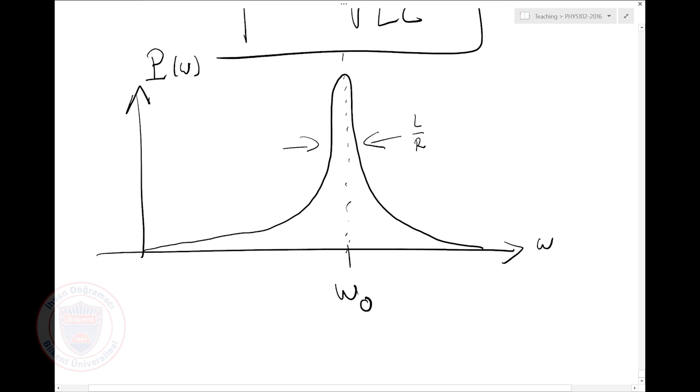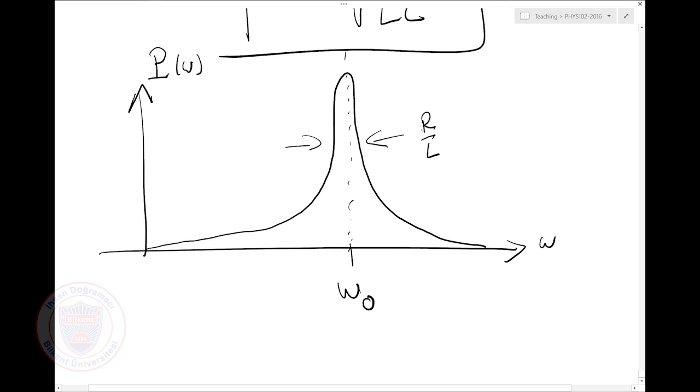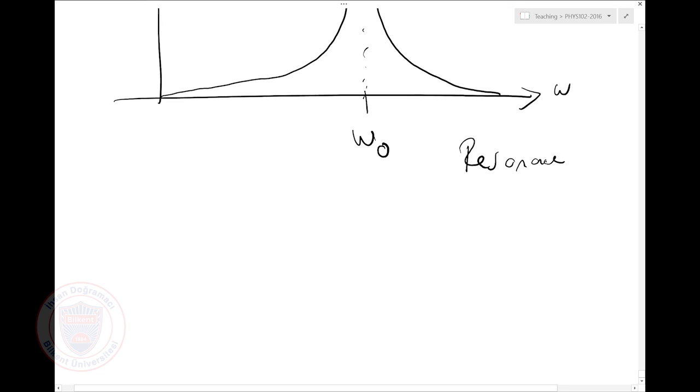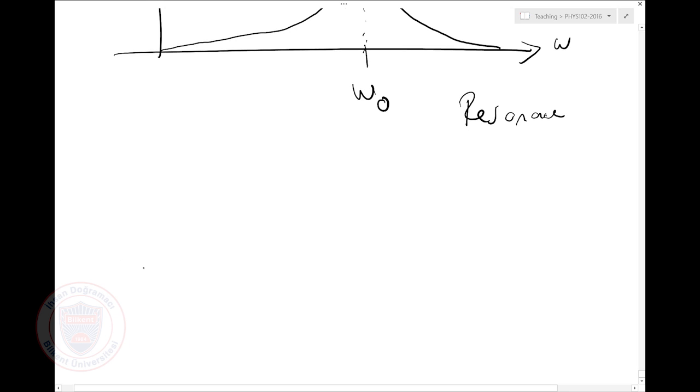The width of that peak is more or less R over L actually. So if I have very little resistance, I'll actually have a much narrower peak. Okay. And now why is this important? It turns out it's extremely important. This is called resonance.